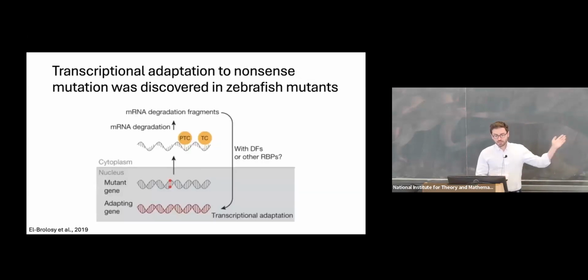What they and another group simultaneously published in the same year was the discovery of a phenomenon, not necessarily a mechanism, called transcriptional adaptation, which acts at the level of mutant transcribed RNA that is degraded, somehow shuttled back into the nucleus, and leads to semi-targeted upregulation of partially homologous genes, which sometimes compensate functionally.